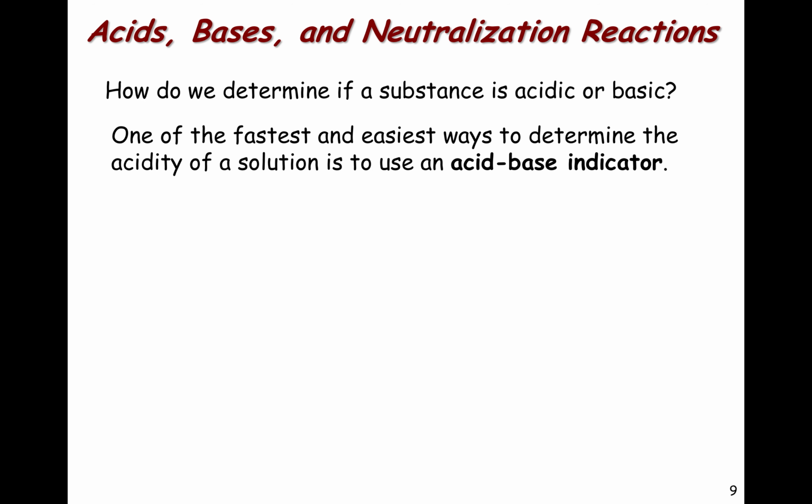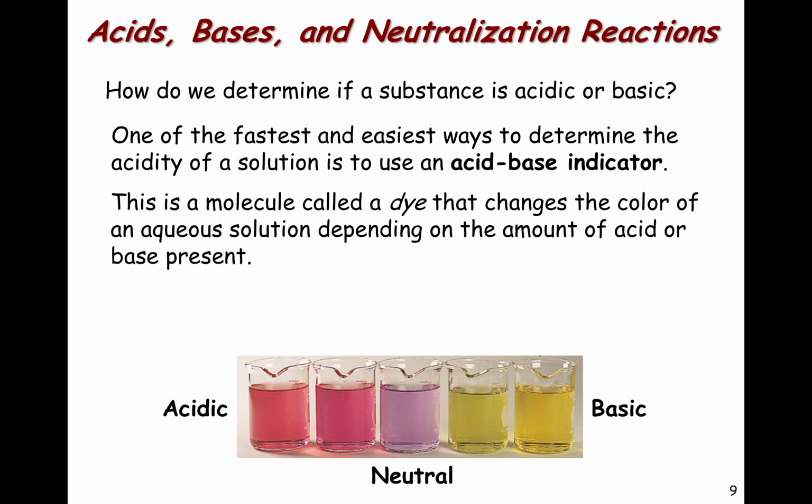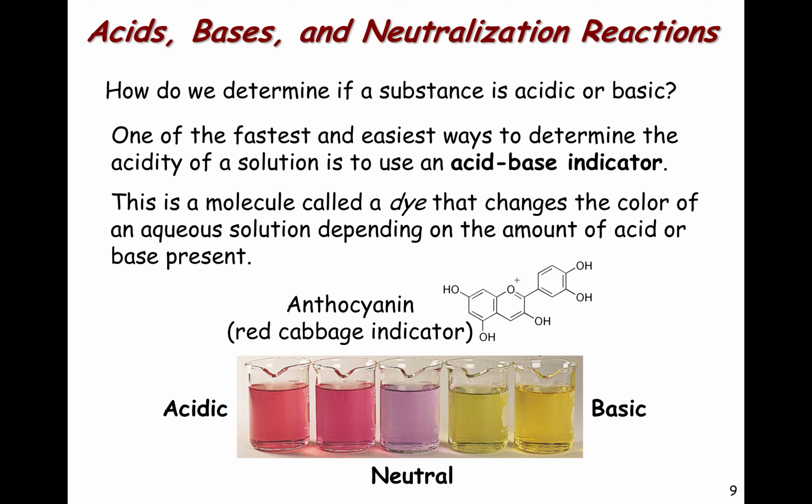These are referred to as indicators, and they are extremely useful for identifying whether a compound is an acid, a base, or possibly a neutral compound. So, if we were to take this colored compound, sometimes referred to as a dye, and put it in solutions with various amounts of acids or bases, we might end up with the different colors that you might see here.